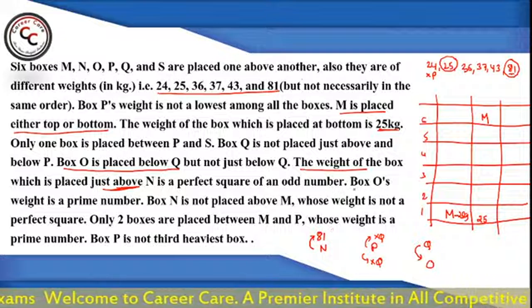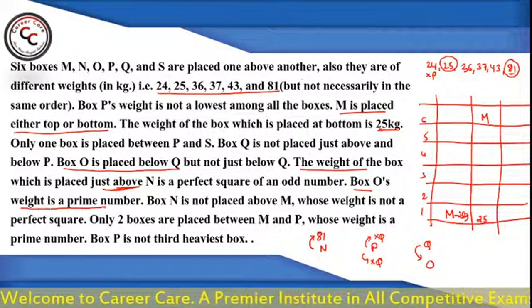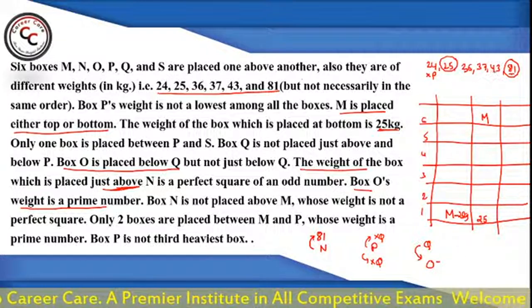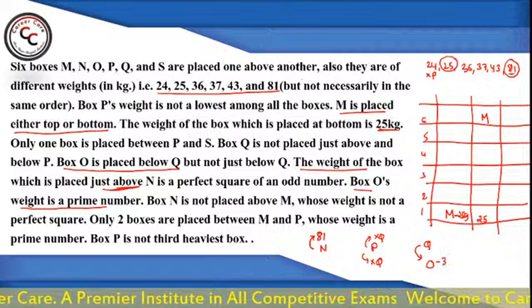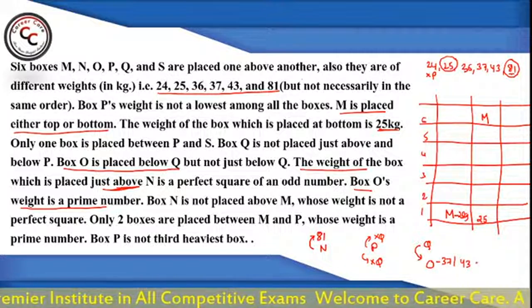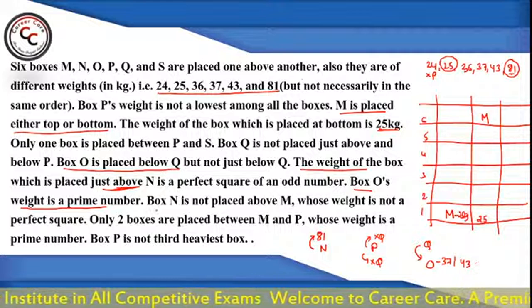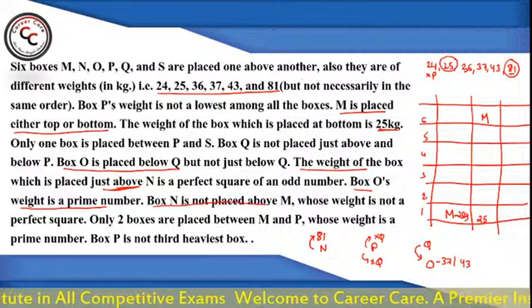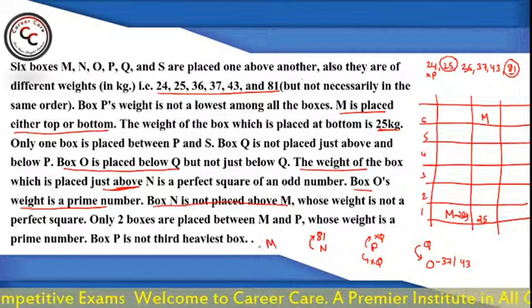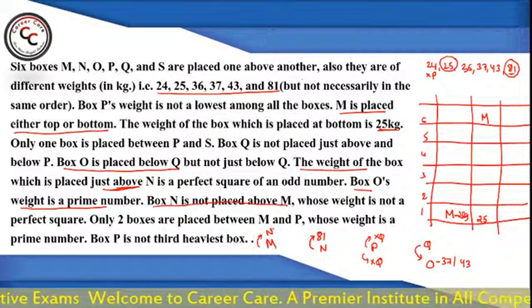Then box O's weight is a prime number. Out of the given numbers, we have two prime numbers, 37 and 43. So O's weight can be 37 or 43, no idea at all. Then box N is not placed above M. This is the point which I am waiting for. So above M, who should not be there? N should not be there.